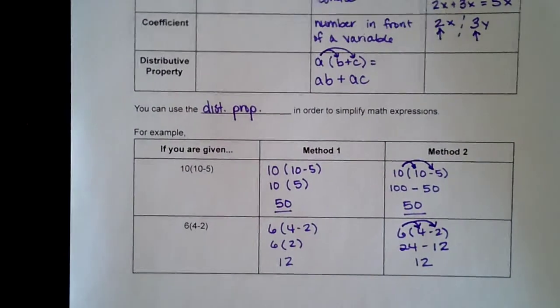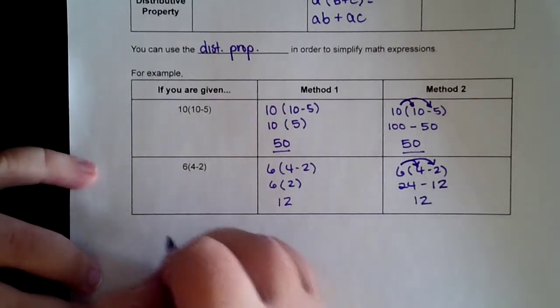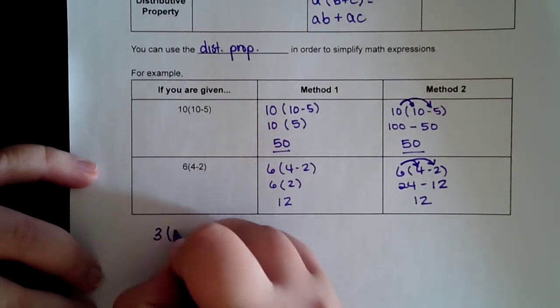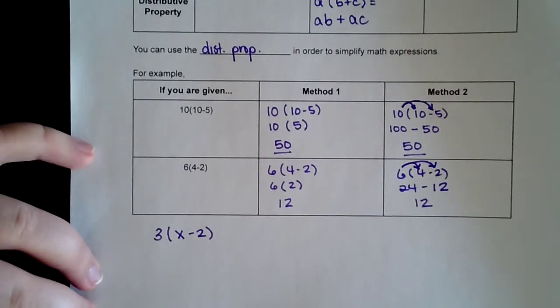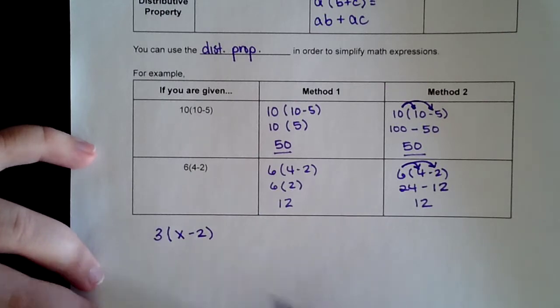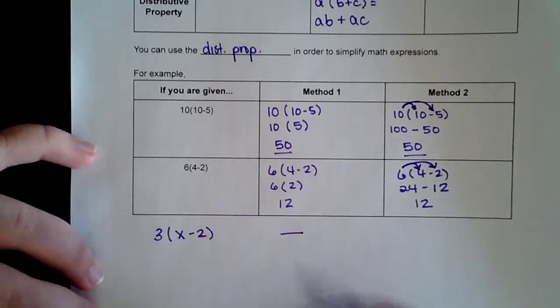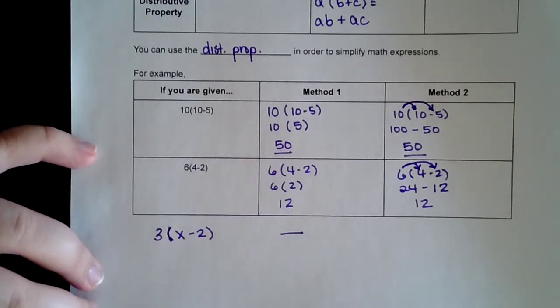Before I end this video, however, I want to show you what it's going to look like more often in math. More often, we're going to have something that looks like this: 3 times the quantity x minus 2, where I'm working with a variable instead of just numbers. Now notice, in this case, there is no method 1. We cannot simplify inside of the parentheses before we multiply.